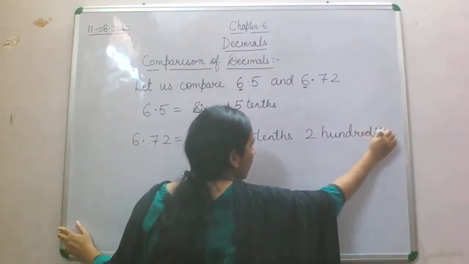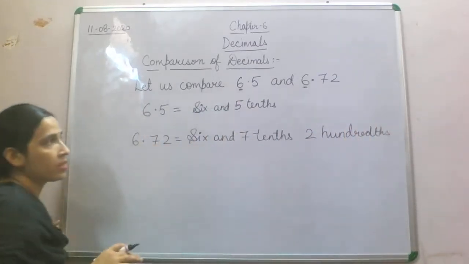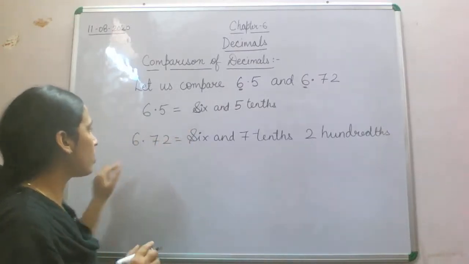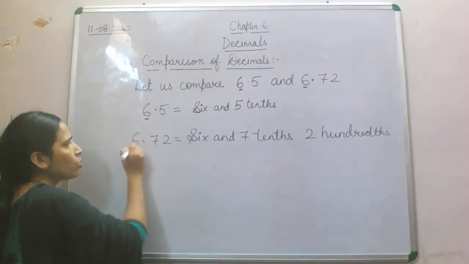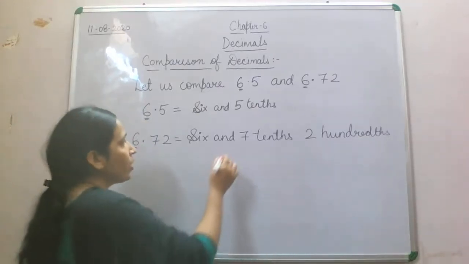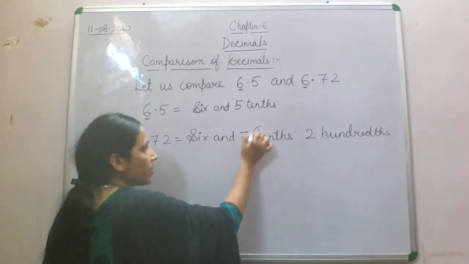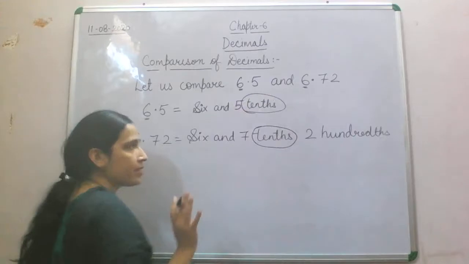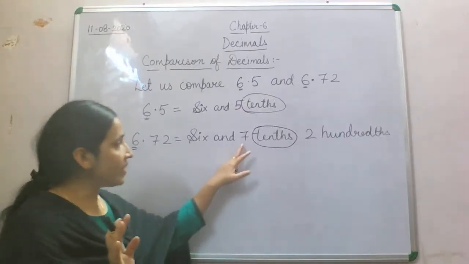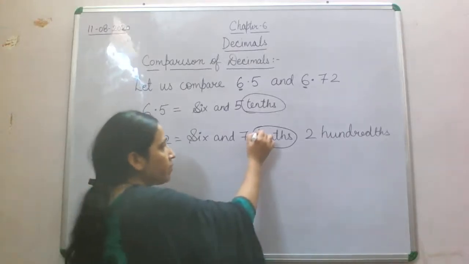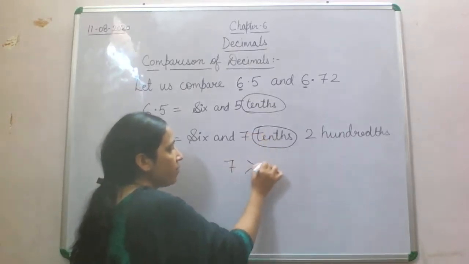See children, what I told you in the previous question: the numbers which are common, like the whole number is common, we are not going to compare. Now we'll come to the decimal part. Here the tenths place is common in both. Now is 7 tenths bigger or 5 tenths bigger? 7 tenths is bigger. 7 is bigger than 5.